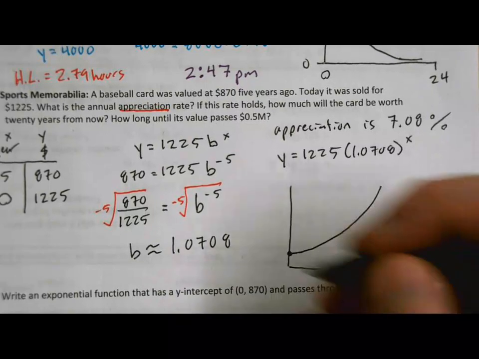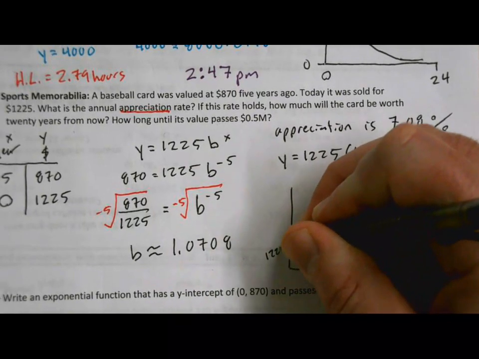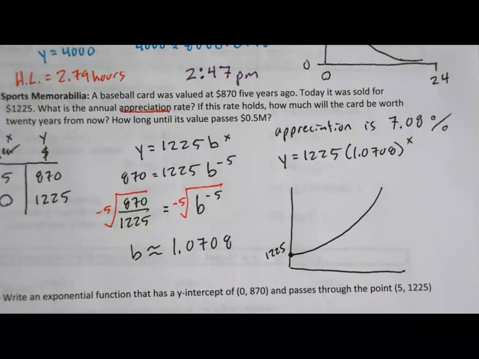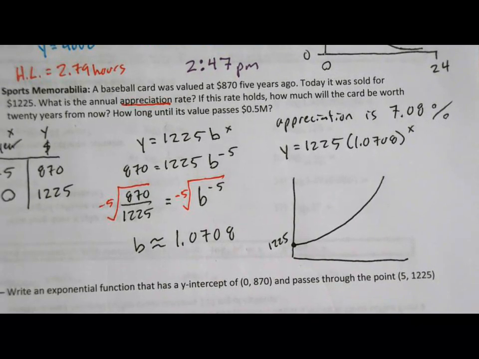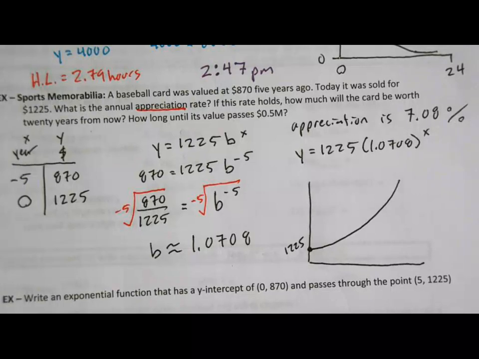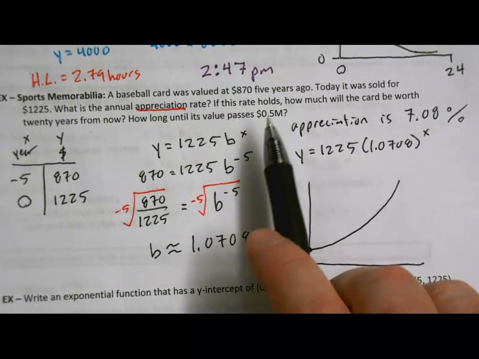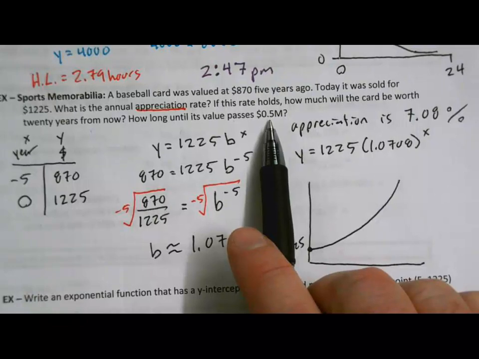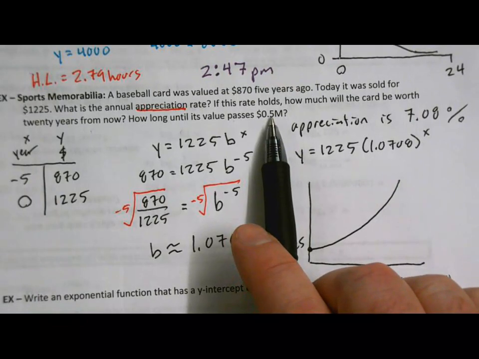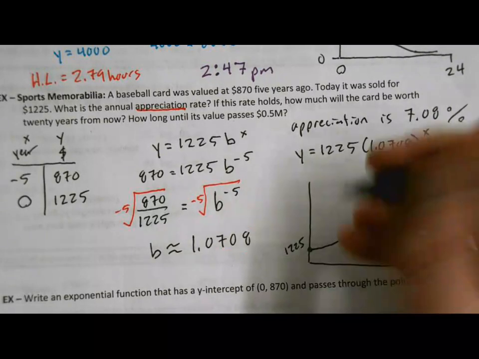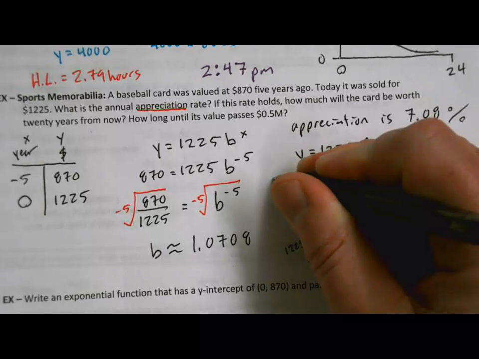That should be 1225, yep. And do we know how high we want this thing to go? I'm reading ahead. They want us to look at a value of 500,000. So I think we better go a little bit higher than 500,000. So I'm going to have my graph go up to 600,000.